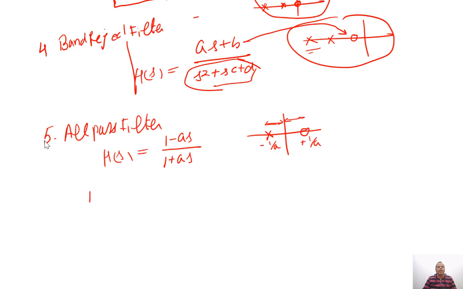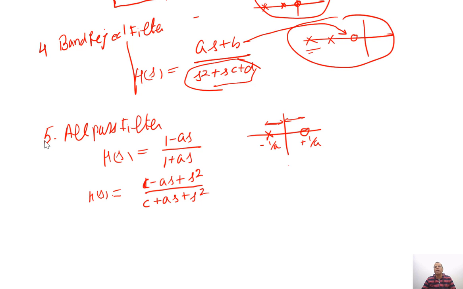The imaginary axis forms a mirror image. In case of a second order filter, the expression will be similar to this. The only difference will be something like this: C minus AS plus S square over C plus AS plus S square.